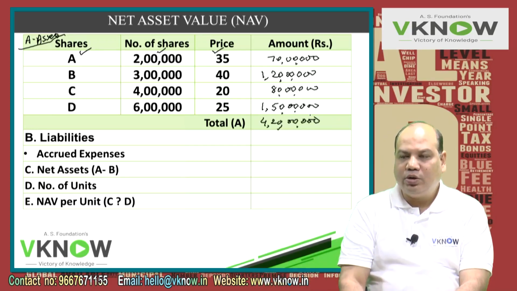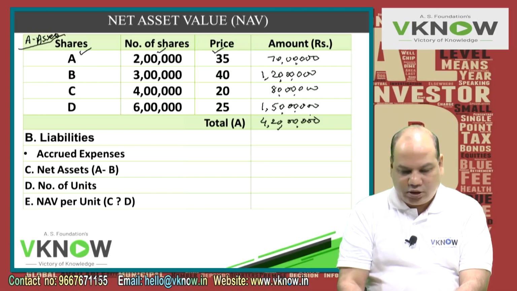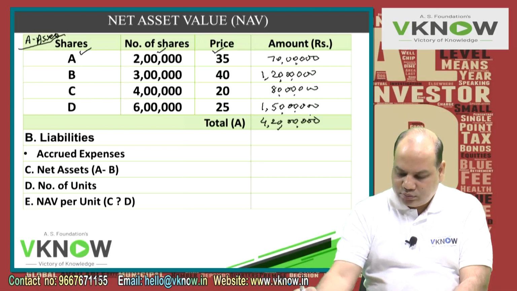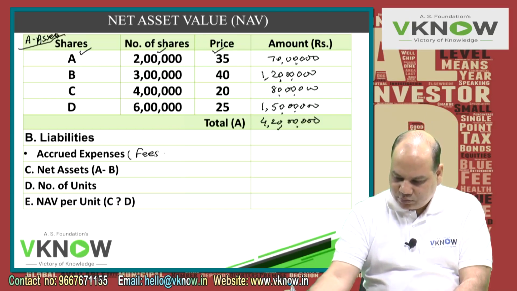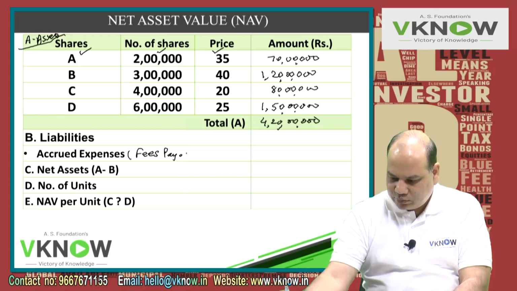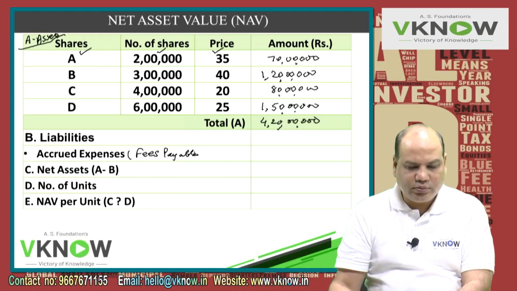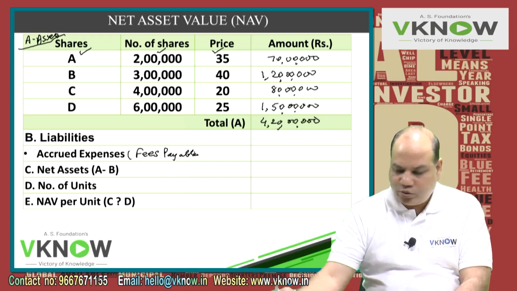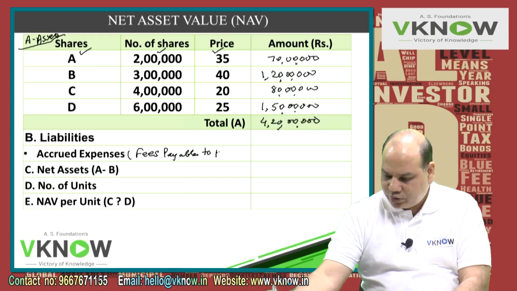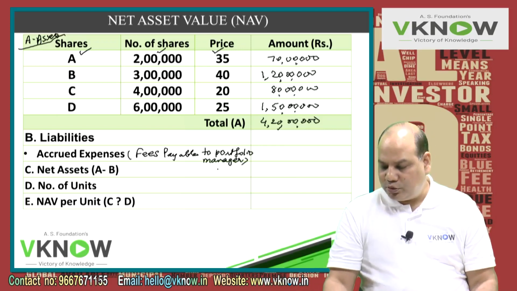Point number B, write down liabilities. Under liability you have accrued expense, that is fees payable. Fees payable to portfolio manager.